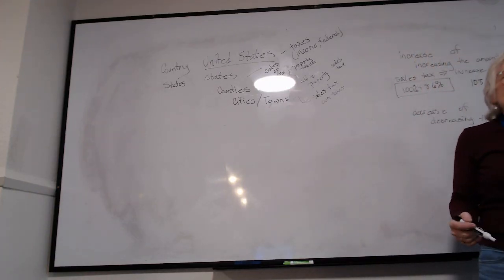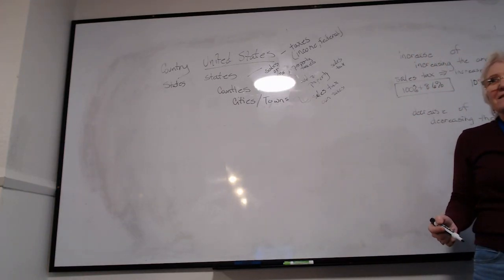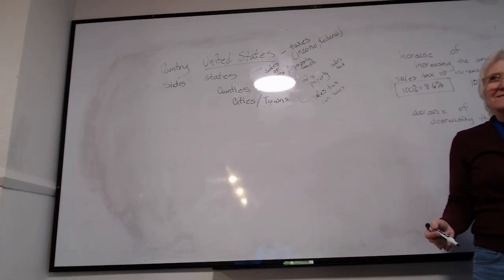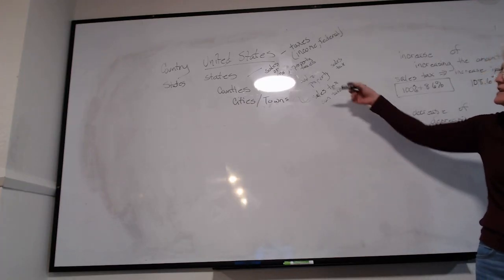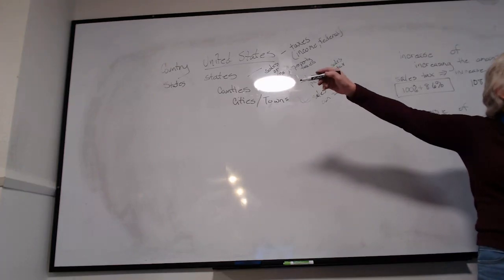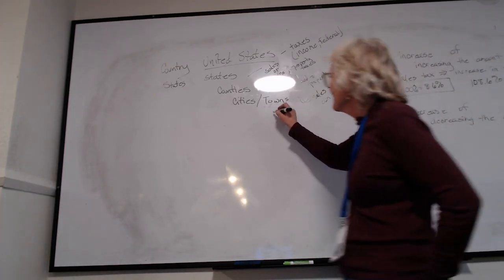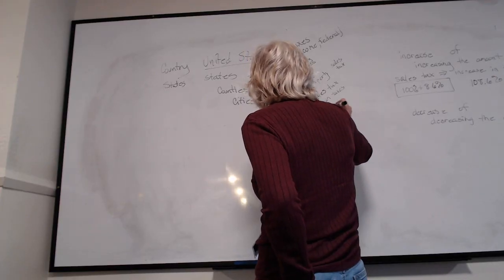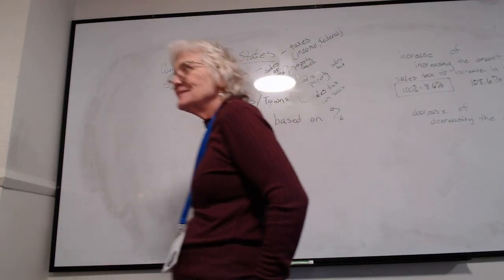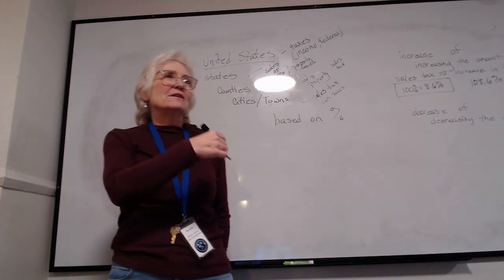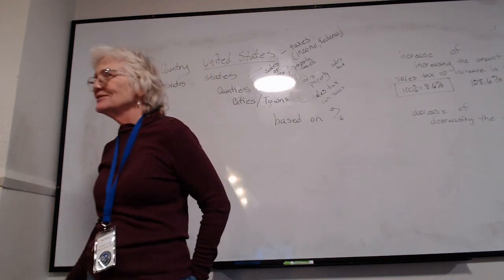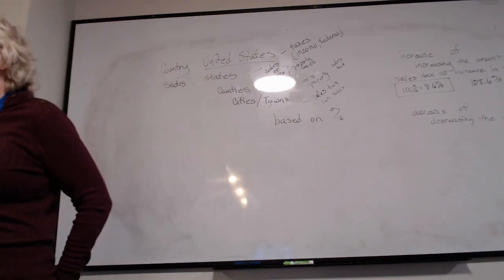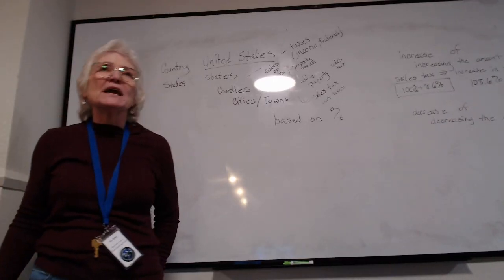So you get taxed all over the place. We're taxed for all these different things. Those are all based on percentages. That's where you need to know percentages. That's why we talk about percentages, because these are all based on them.